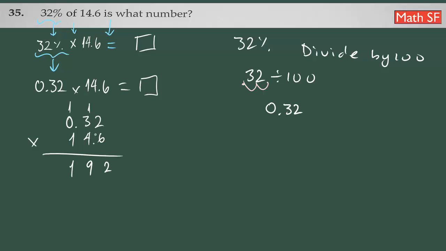Now let's do the next digit. 4 times 2 is 8. 4 times 3 is 12, carry 1. 4 times 0 is 0, plus the 1, it's going to be 1 here.